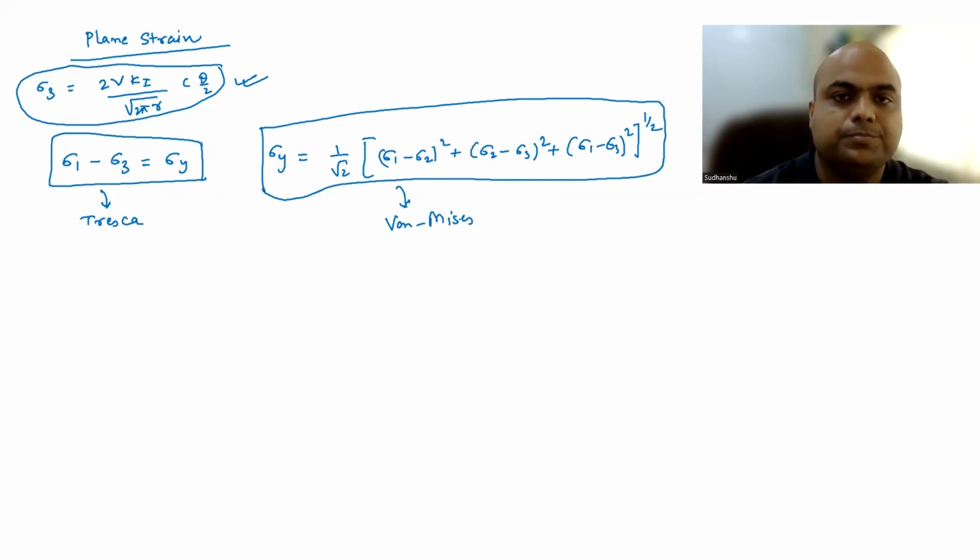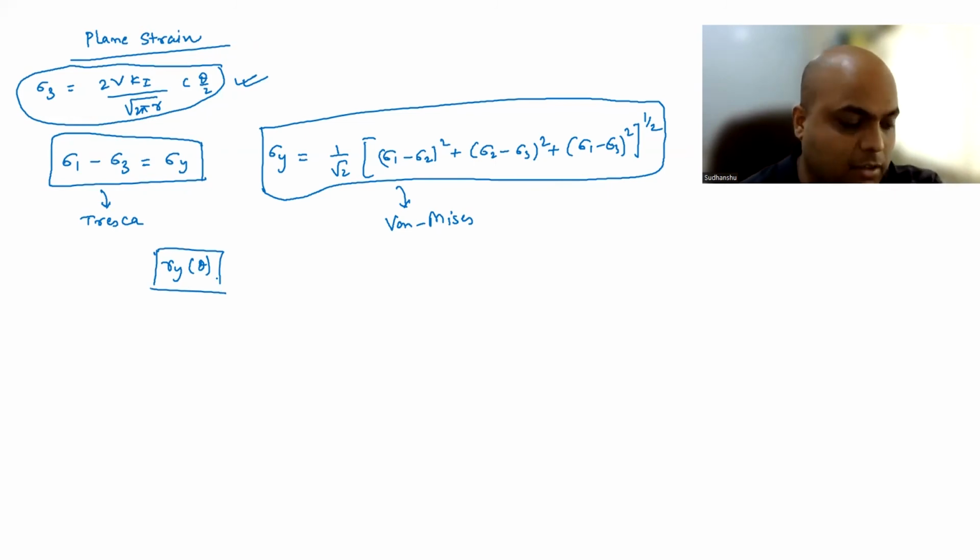Okay. So instead of sigma 3 equal to 0, we have to place sigma 3 as this, and you should now be able to obtain the relationship between ry and theta, for both Tresca and von Mises in plane strain. So you can actually use MATLAB to plot it.